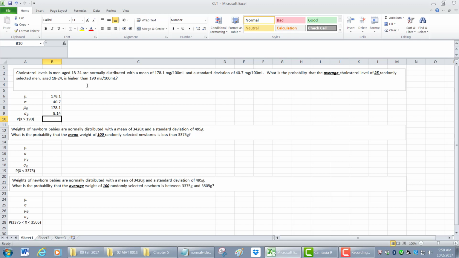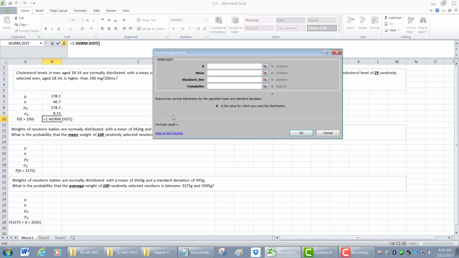So they asked us for the probability that x was greater than 190. So in this case we have to say the probability is equal to 1 minus, and now we can go to our norm.dist function. 190 is the x they're asking us about. The mean is 178.1. The standard deviation is 40.7 but divided by the square root of the sample size, which is 25.